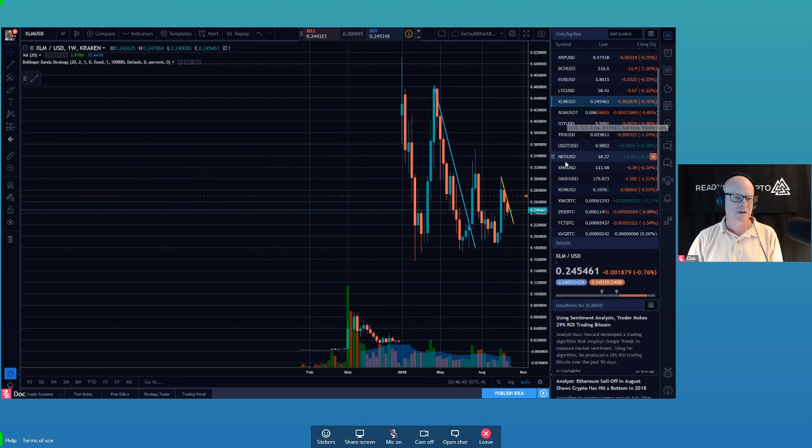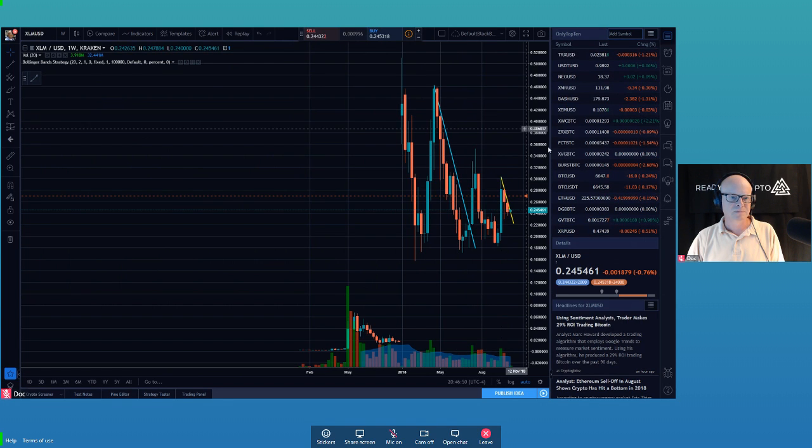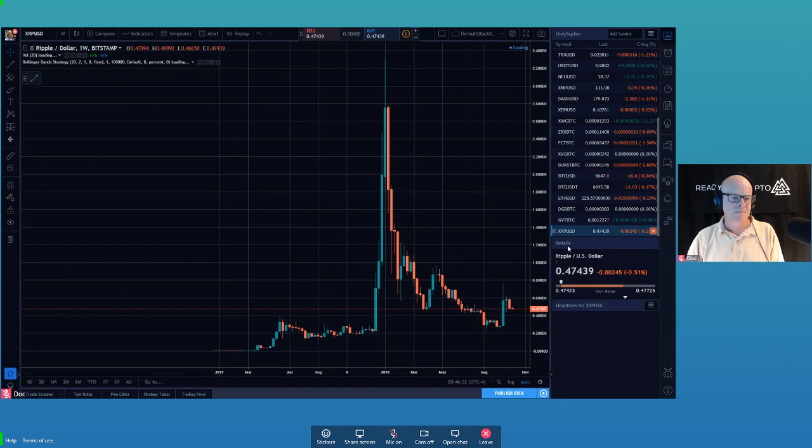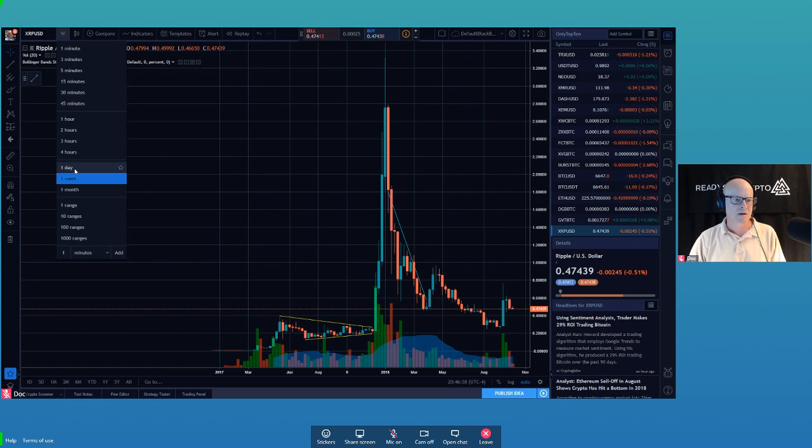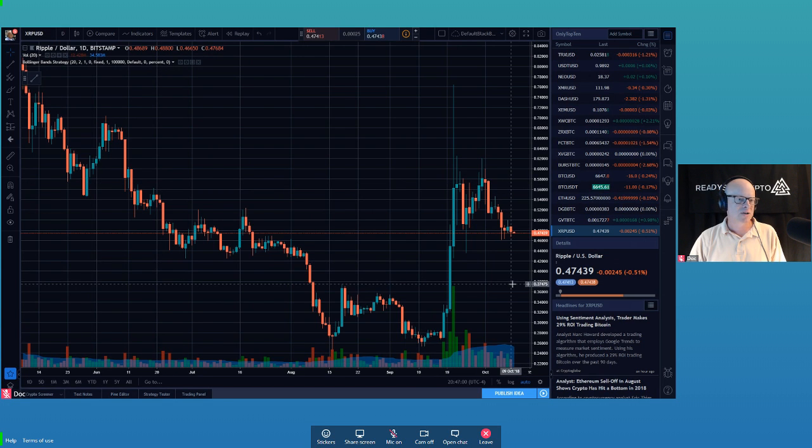We're starting to see these on, let's see, where is XRP, Ripple Dollar. Okay. This is still a lower high setting up in the weekly chart, but on the daily chart, we could actually perhaps make a swing on here.